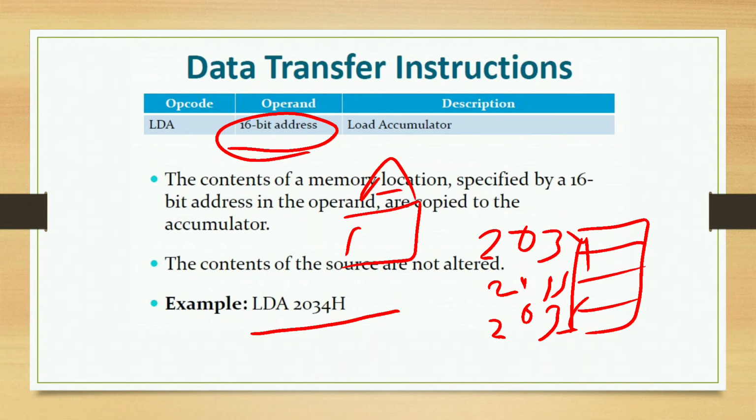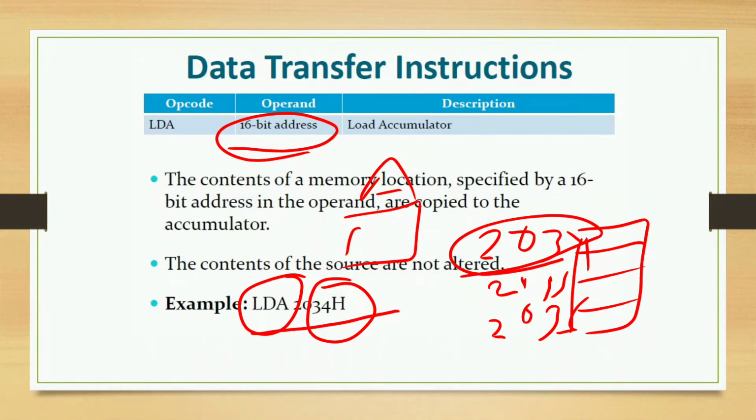This instruction will load the content of the memory location, that is 2034, into the accumulator.